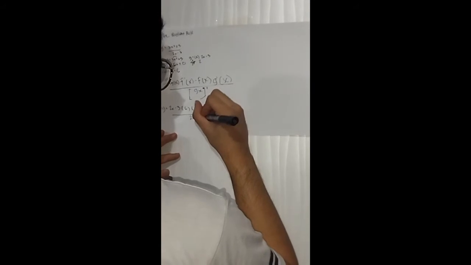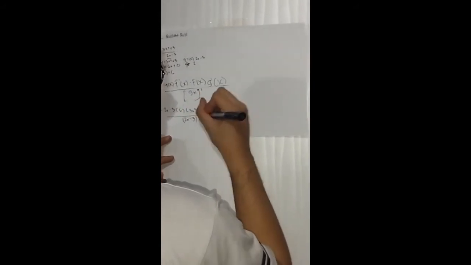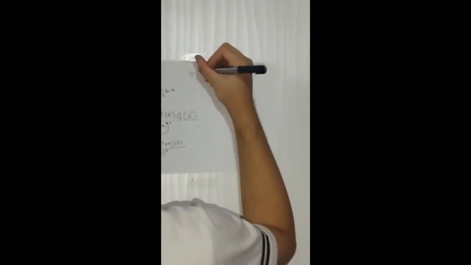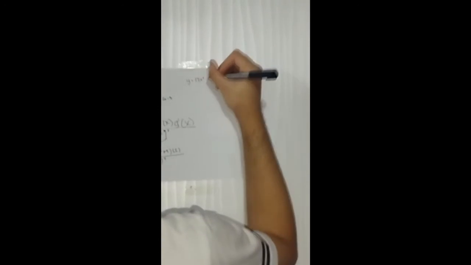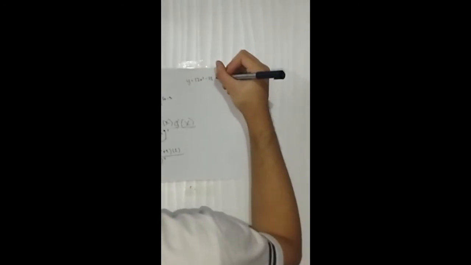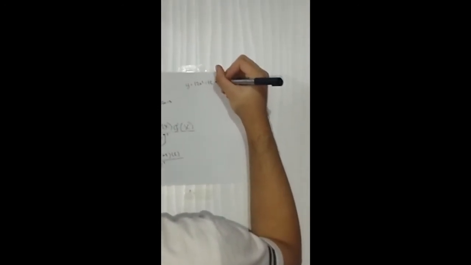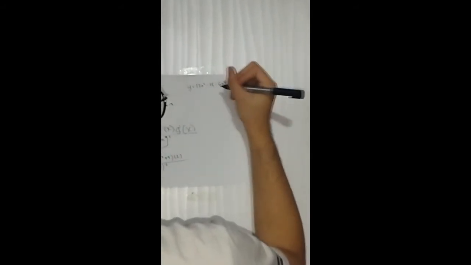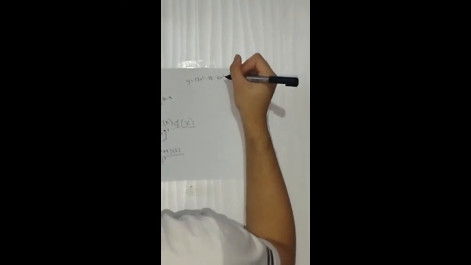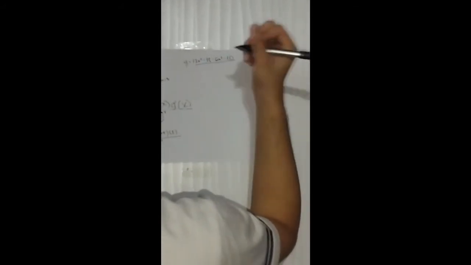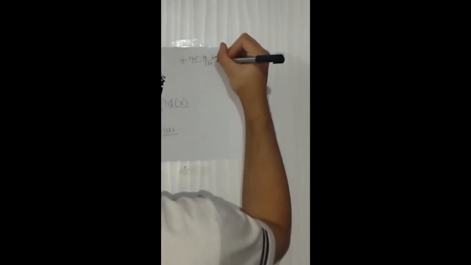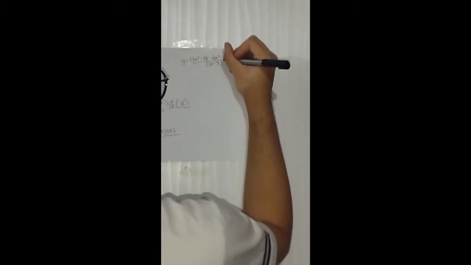So, kapag in-apply natin ito, y prime equals g of x, which is 2x minus 3, times f prime of x, which is 6x, minus f of x, 3x squared plus 5, times g prime of x, which is 2, then all over g of x squared, which is 2x minus 3 squared.